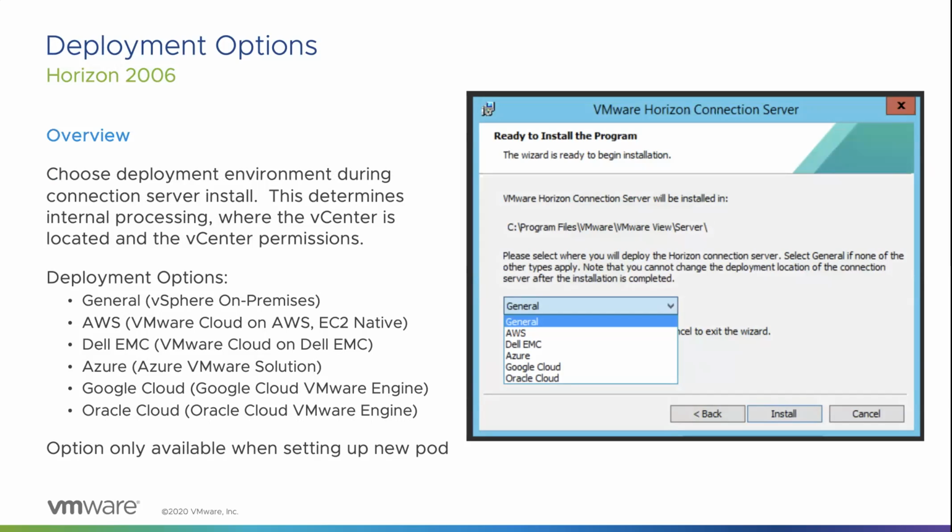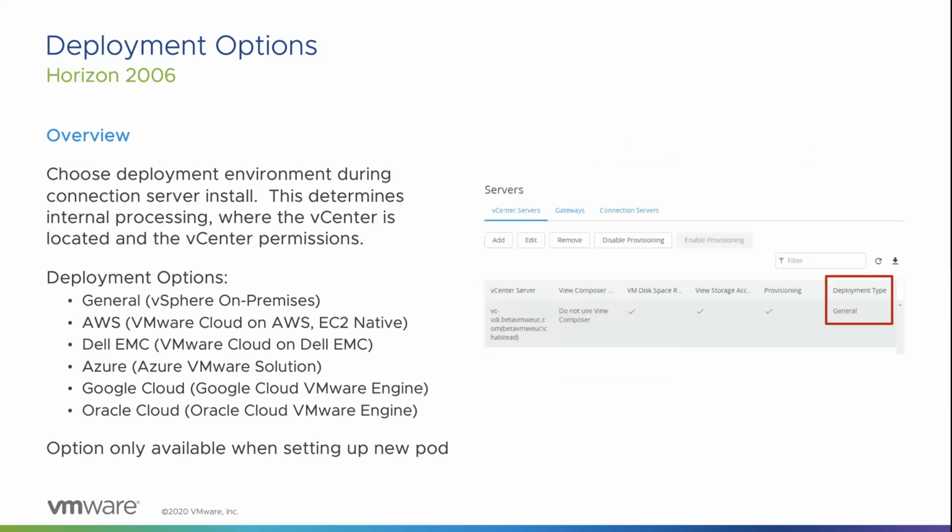So it's not like a solution like Horizon Cloud on Azure, which is a totally separate code base. This is the same code base that's shared amongst all these deployment methods. The reason that we selected is because there are customized permissions that are needed to do certain things in Virtual Center. And depending on the deployment method, there are different permissions required.